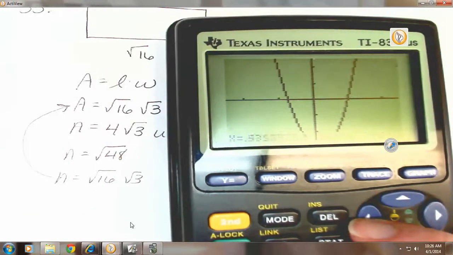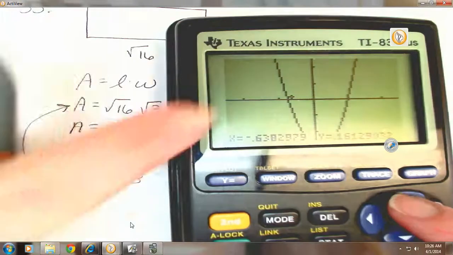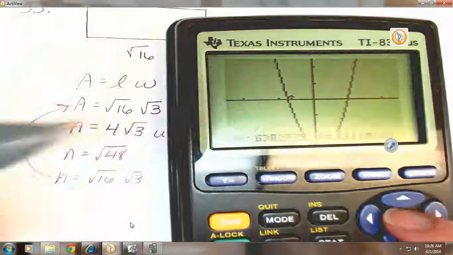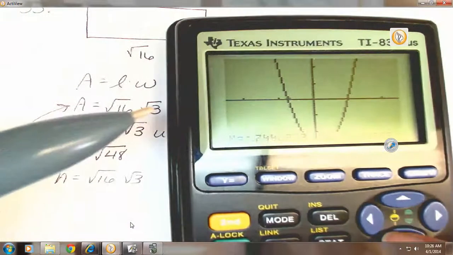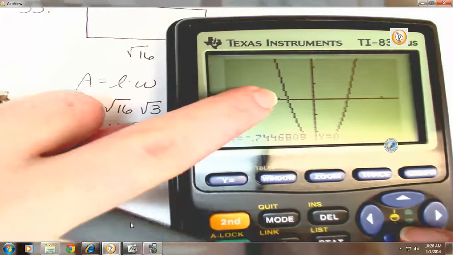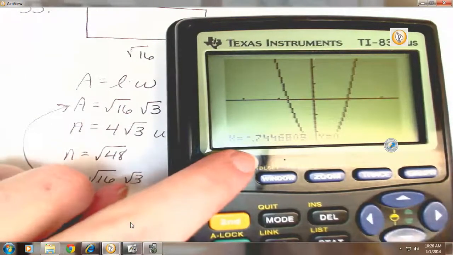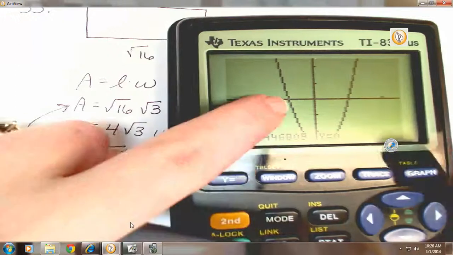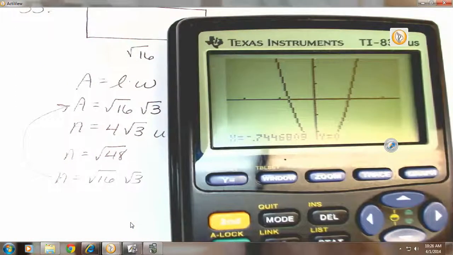And if you wanted to move your little blinker over to the other side, it's not quite at -1, is it? So we couldn't say our solution's at -1. It would be about -0.75, or -3/4, is probably what it is.